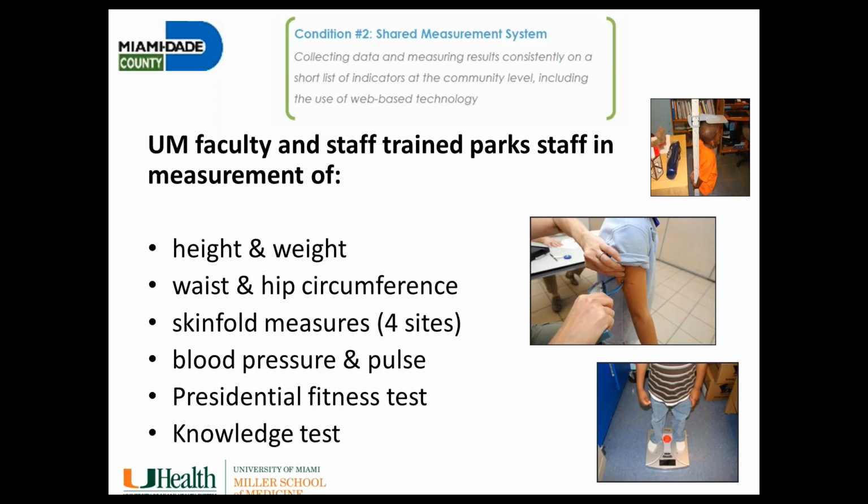So the shared measurement system, again, when we all decided on the measures that we thought were the best to include for our evaluation, we had a team from the university of physical therapists, dietitians, epidemiologists, and physicians train the park staff. So we call it a train the trainers model.